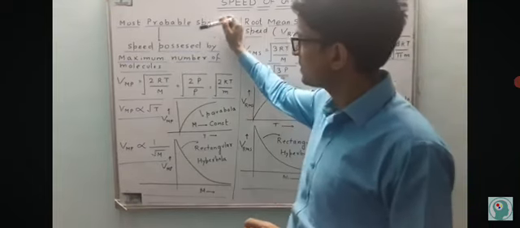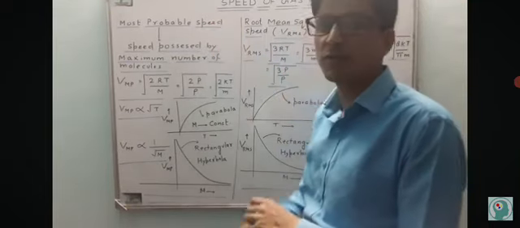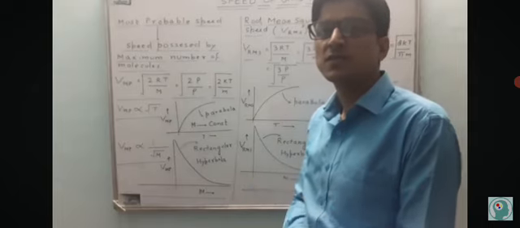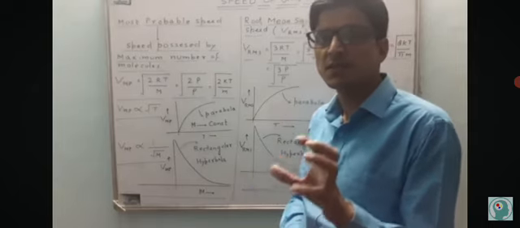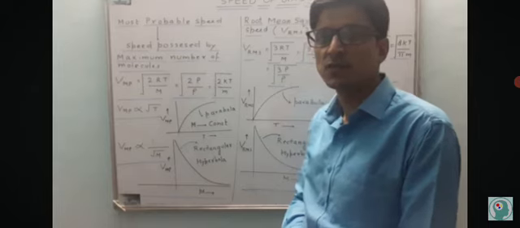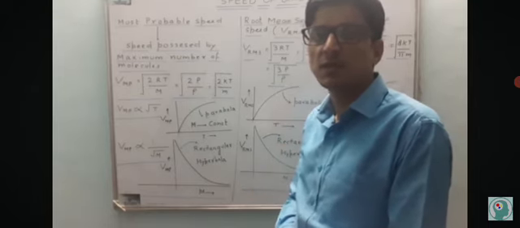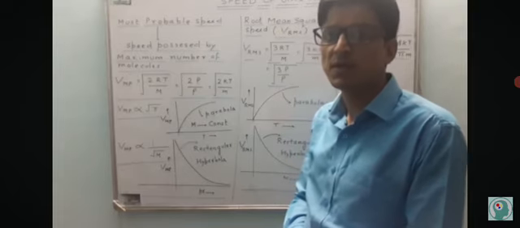This is the speed possessed by the maximum number of molecules. Suppose there are 100 molecules, and out of them 60 molecules possess some speed. The speed possessed by the maximum number of molecules is the most probable speed.